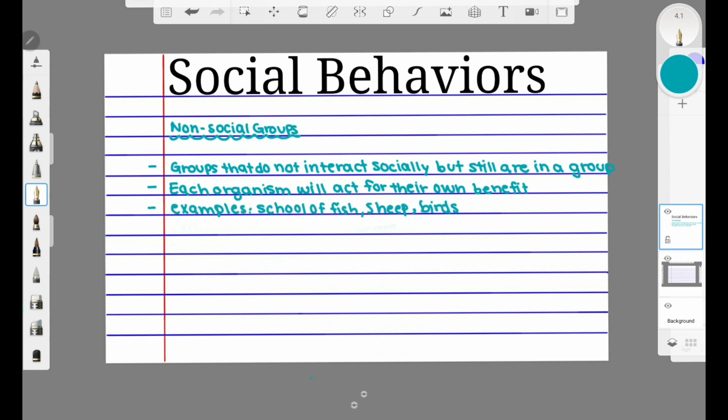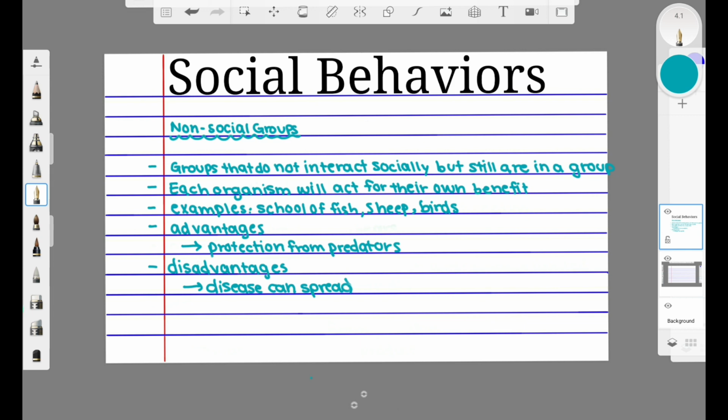Some examples of non-social groups are schools of fish, sheep and other herding animals, and flocks of birds. An advantage of a non-social group is that you will get protection from predators, and you'll be able to move around and feed without much worry about predators attacking.